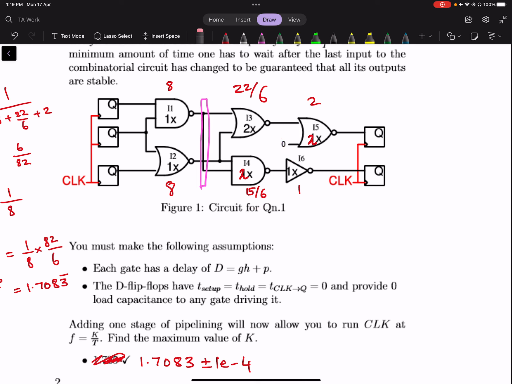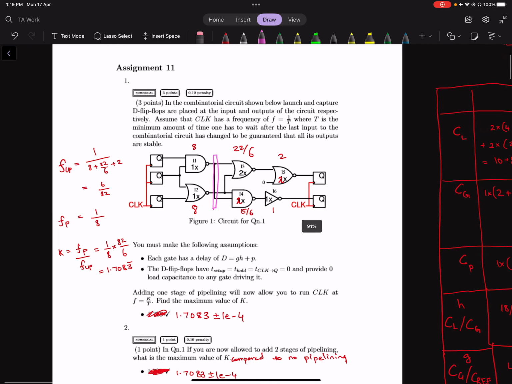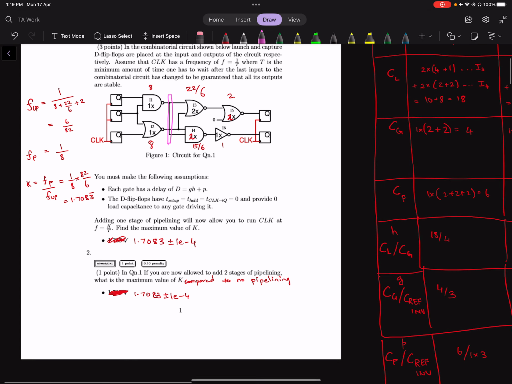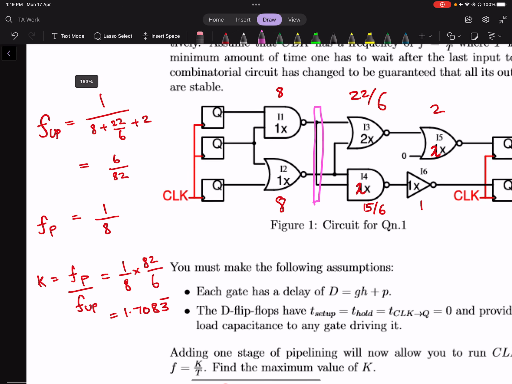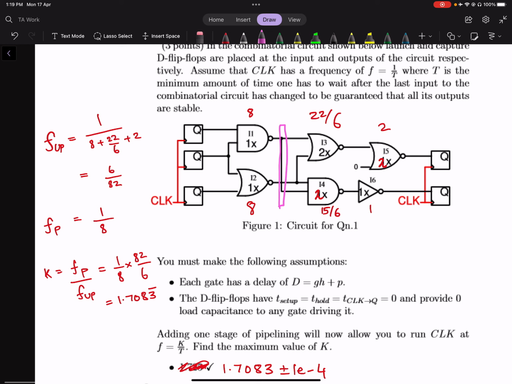So the idea now is that we have to get the maximum value that one stage of pipelining can improve the clock frequency to. So first let's get the unpipelined frequency, right? The unpipelined frequency is just going to be 1 over the critical path delay.